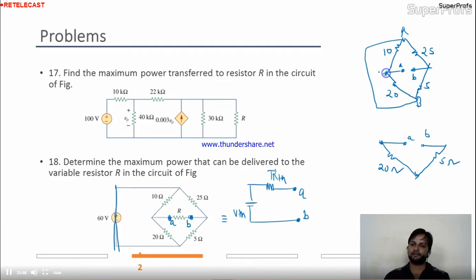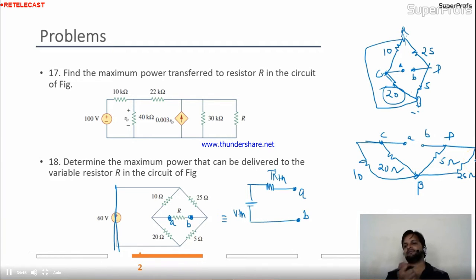Between these points, suppose this is C, this is D. C and B, I am having 20. Now C and A, the A and B both points are same. So here I am having the same thing like this. This is nothing but 10. Over here also I am having the 25.